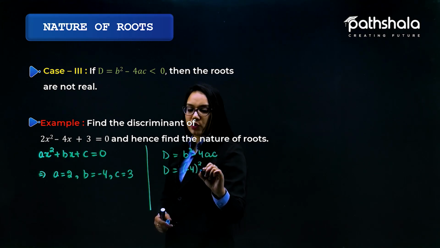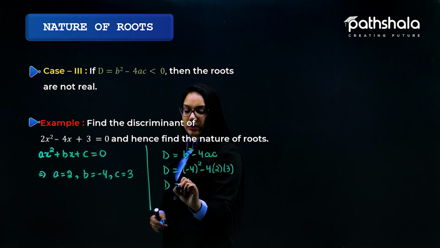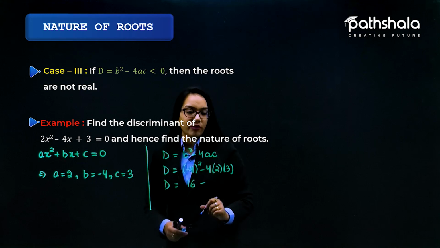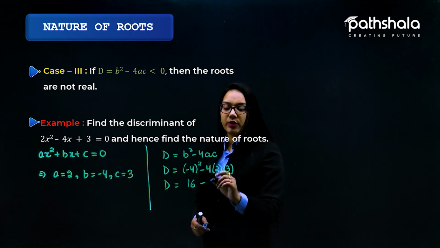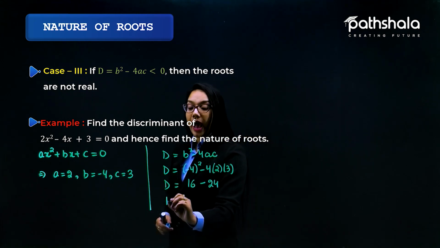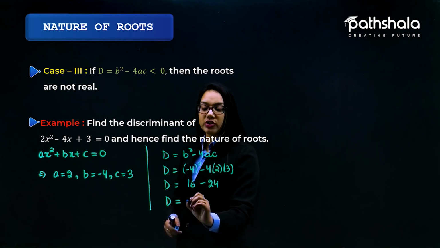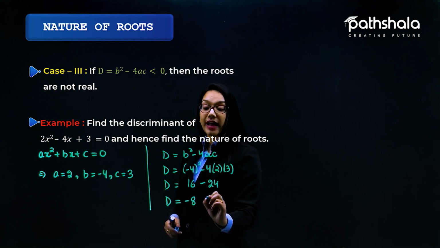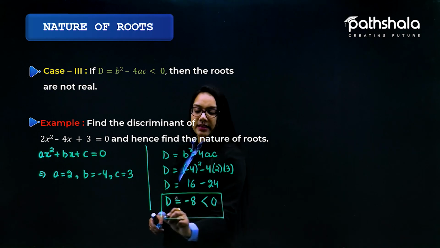This is minus 4 square minus 4 into 2 into 3. So this is 16 minus, further, 4 into 3 is 12, 12 into 2 is 24. As you can see, the value of the discriminant is 16 minus 24, which is minus 8, and this is less than 0. D is less than 0.